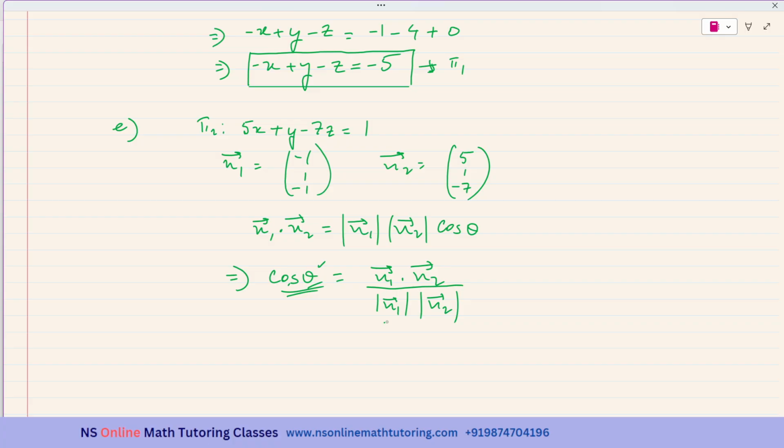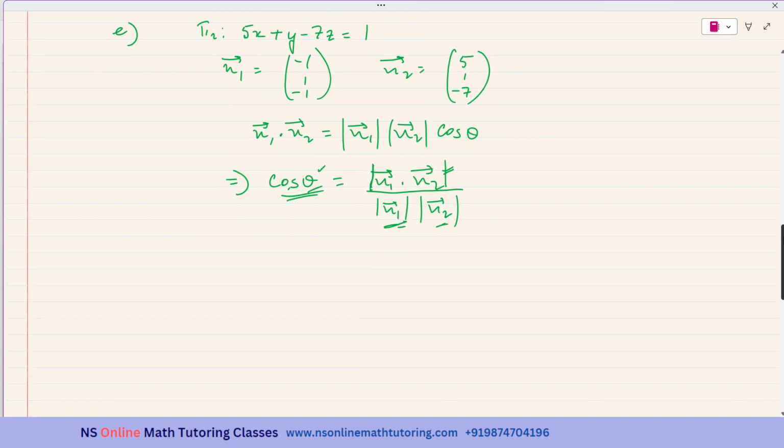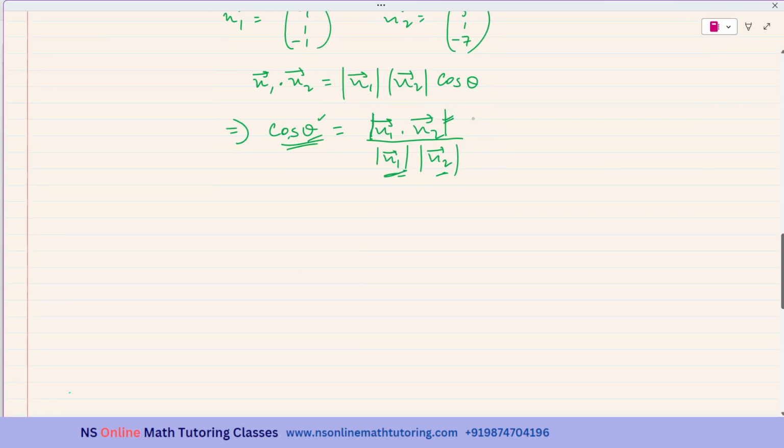The magnitude of n1 and magnitude of n2 will be positive numbers, but the dot product of these two vectors may be positive or negative. But we need a positive value because for acute angles, cos theta should be positive. Hence, you will take the absolute value of the dot product, to ensure that you have a positive value on the right side. So now let us do the dot product of these two vectors.